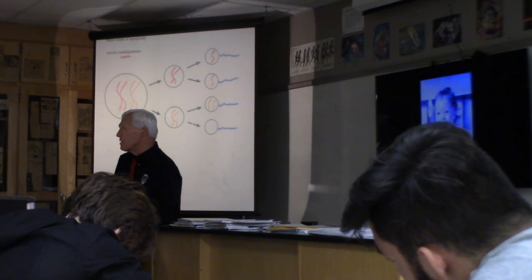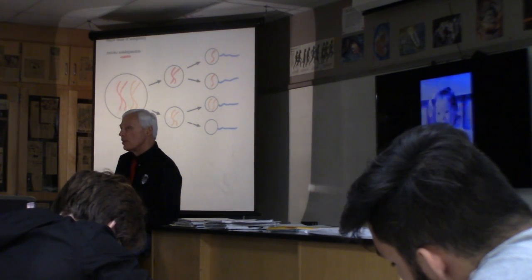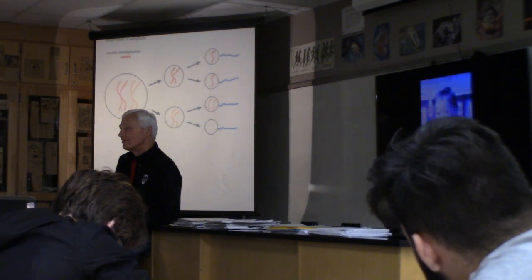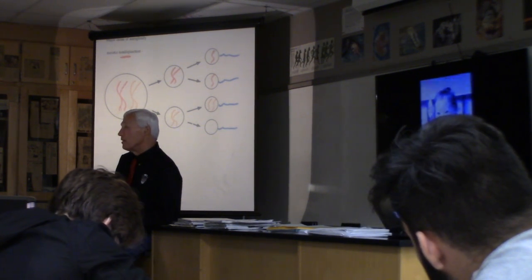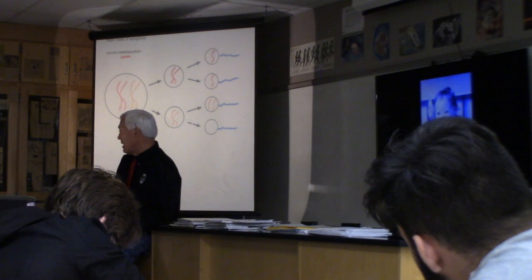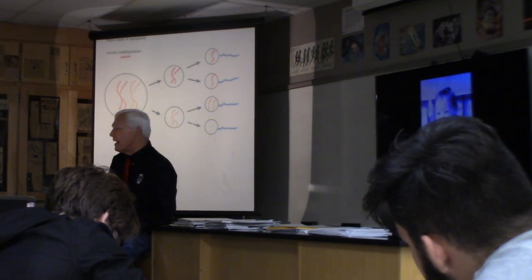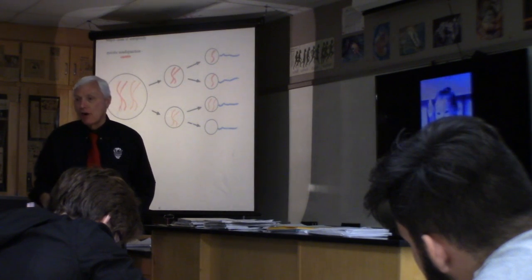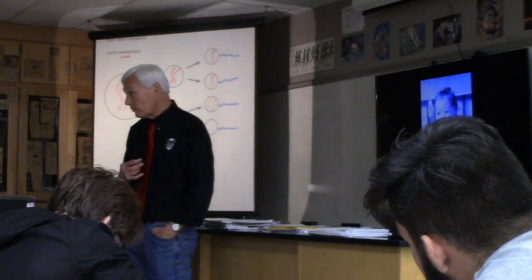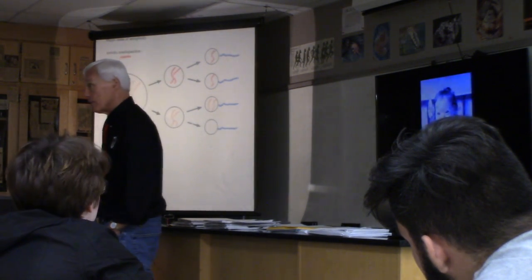What are some characteristics of Down syndrome? You guys know? Can't learn. Right. The obvious one is mental handicaps. But there's another one. Half the kids with Down syndrome have heart defects of some kind. And that's a real serious issue.